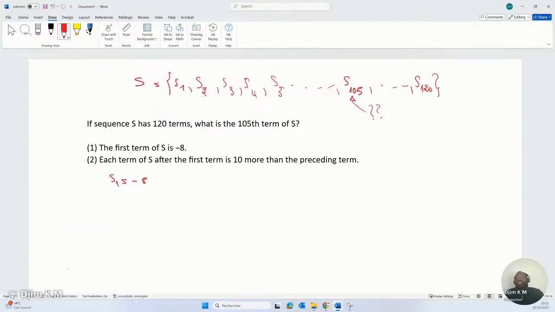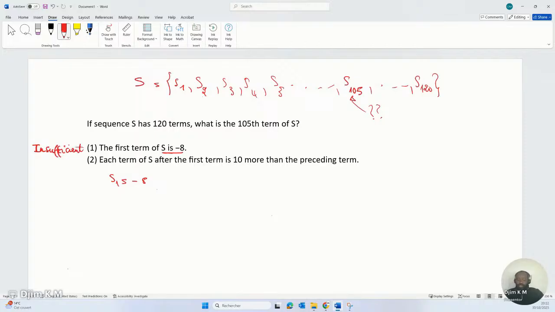It can be that the following term in that sequence must be the previous term plus 2 or plus 3 or multiplied by 2 or multiplied by 3. We don't have that information in this first condition, so we can't know for sure what the other values are, basing ourselves solely on the first term. So this is insufficient.